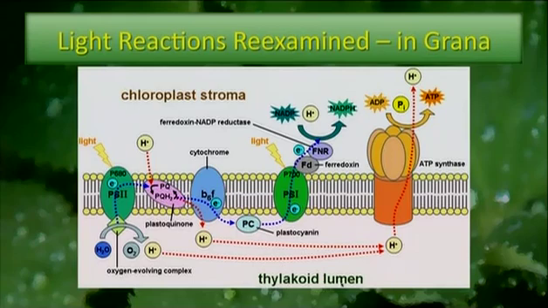I mean, not the inner membrane space, I'm sorry, but inside the thylakoid. If you remember, thylakoids are like stacks of coins of membranes, right? Then the hydrogen ions diffuse back through ATP synthase, producing ATP from ADP plus a phosphate group.